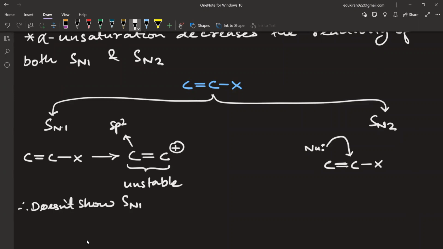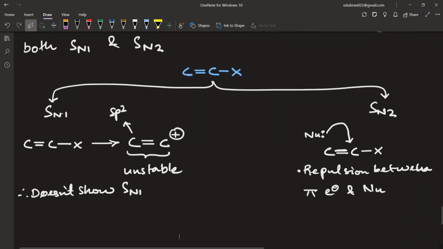This nucleophile is also electron rich. That is why there will be a repulsion between the pi electrons and the nucleophile, and the nucleophile will not be able to attack this particular carbon atom.